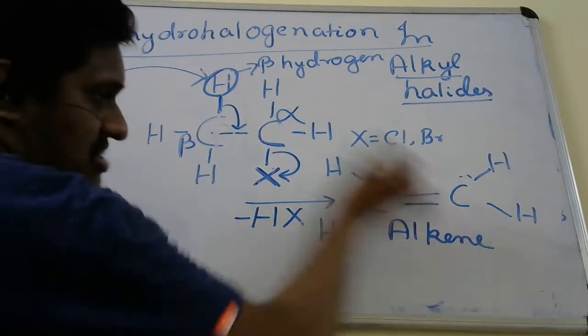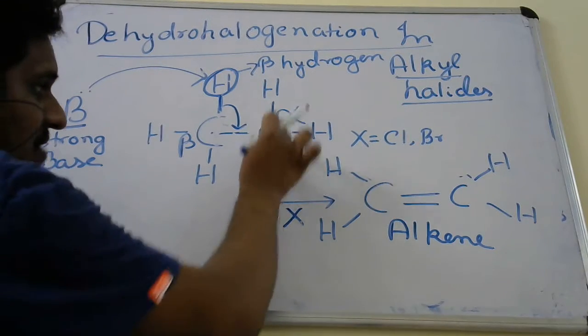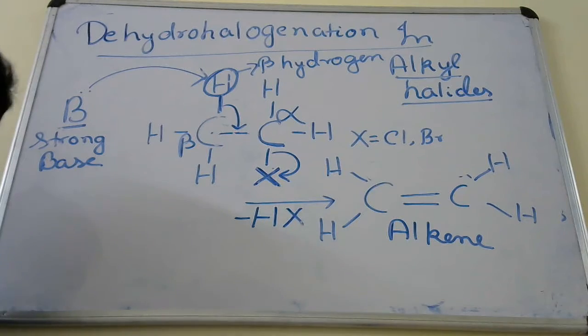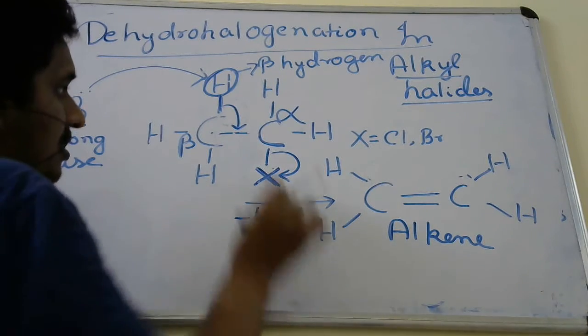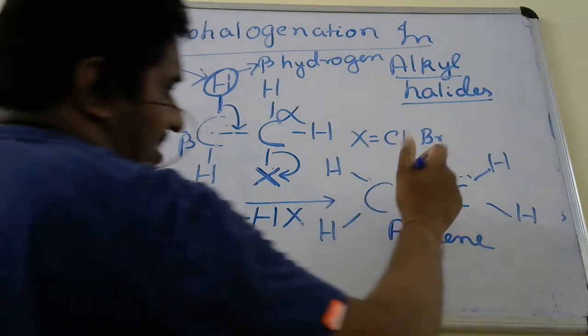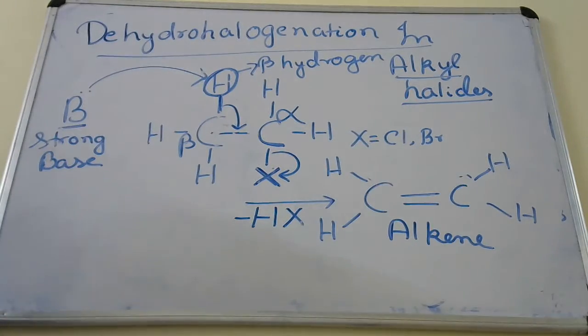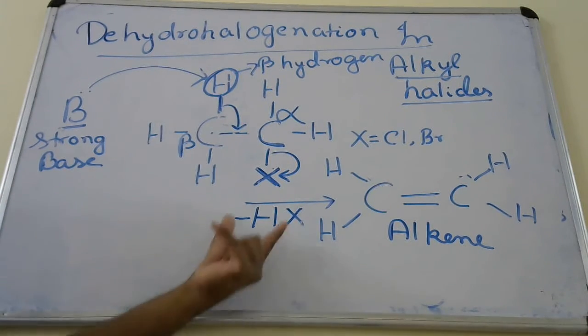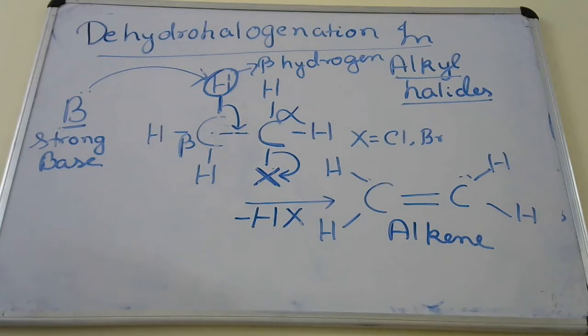So an extra bond comes, giving rise to a double bond, and the carbon-halogen bond also breaks and the halogen leaves. Two atoms are leaving, hydrogen as well as halogen. That is why minus HX is written.